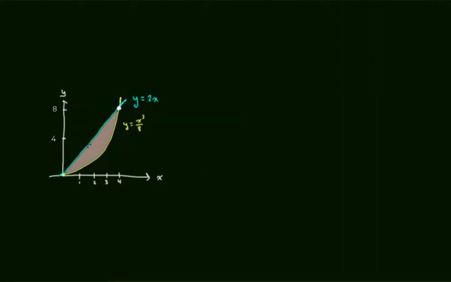Finally, example 10, we're going to rotate or revolve around x equals 25. Again, we're going to need a horizontal rectangle, and we're going to set up the volume. Our volume is going to be pi times the integral from 0 to 8.